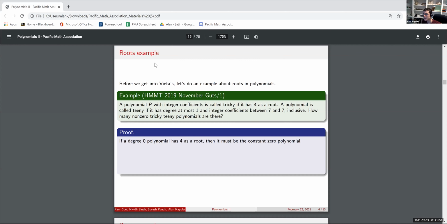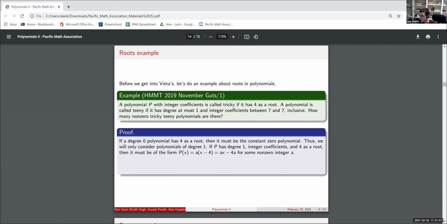Someone's asking, can you define a degree zero polynomial? A degree 0 polynomial is a constant polynomial because the maximum exponent on x is a times x to the 0, or just a.